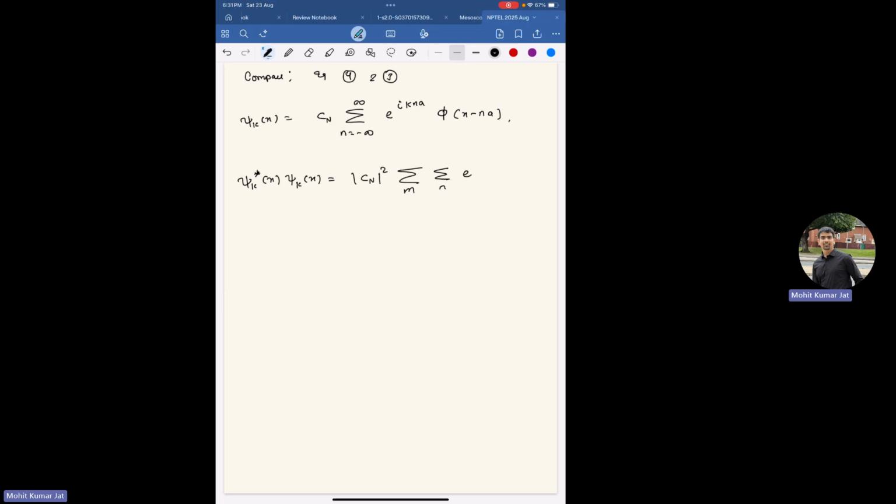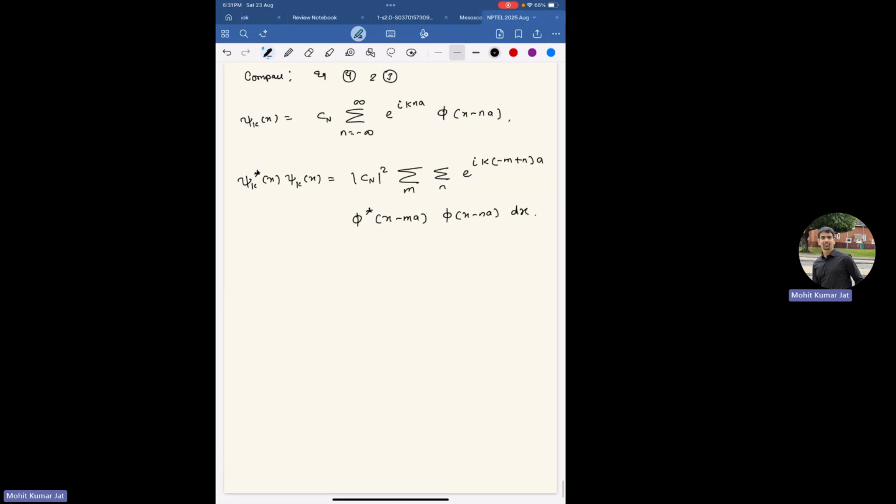And it will be e to the power ik(minus m plus n)a, and phi star, meaning the conjugate, (x minus ma) phi(x minus na) dx.